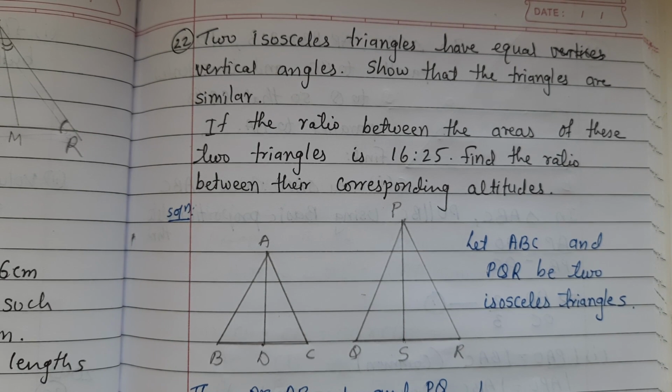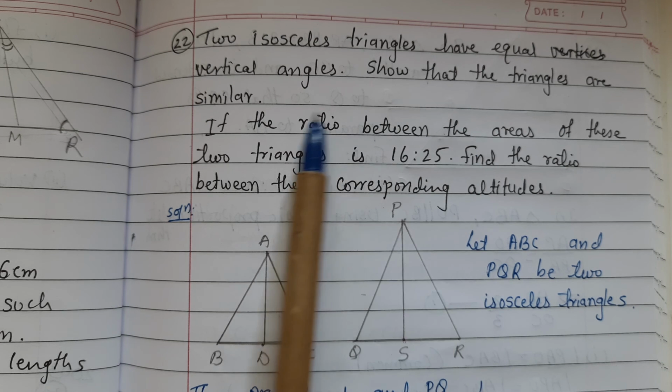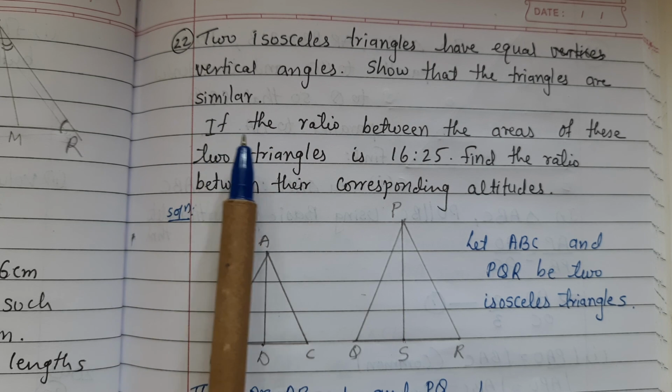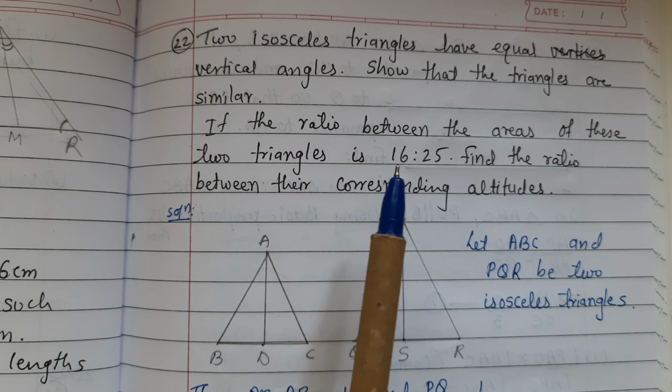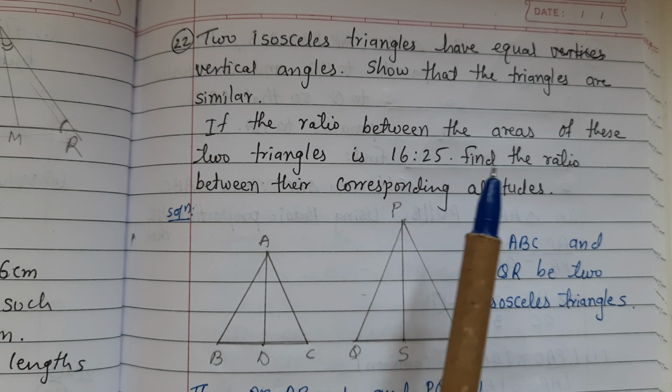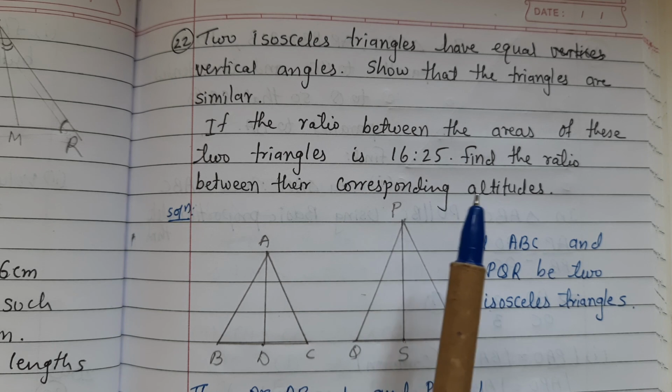Sum number 22. Two isosceles triangles have equal vertical angles. Show that the triangles are similar. If the ratio between the areas of these two triangles is 16:25, find the ratio between their corresponding altitudes.